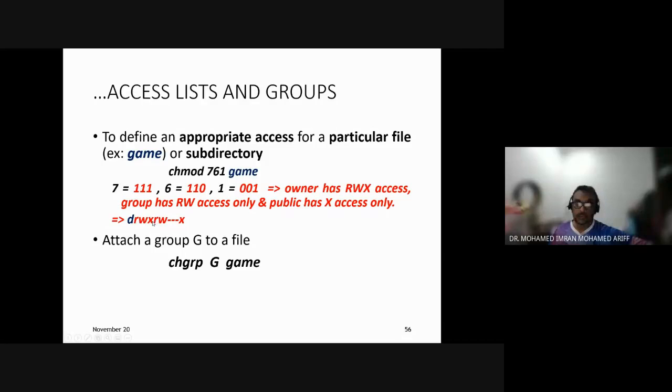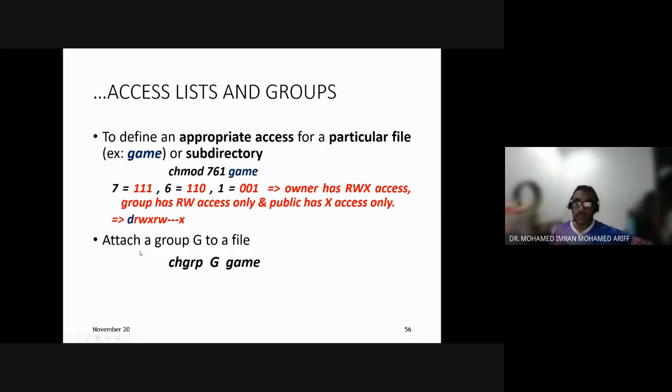Then you have RW dash: read, write, but cannot execute. So it's a dash. And public has no read, no write, but can only execute. That's why you have two dashes here. Dash means empty. And X is execute.